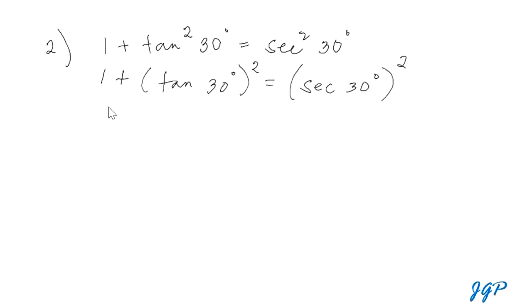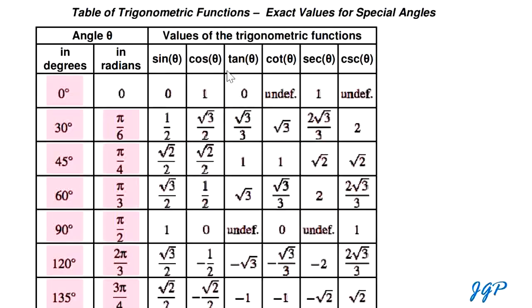So, 1 plus, syempre, meron tayong value and then naka-square. Let's look for the value of tangent 30 degrees. Okay, our tangent 30 degrees, tangent, and this one is at 30 degrees. So, square root of 3 over 3.